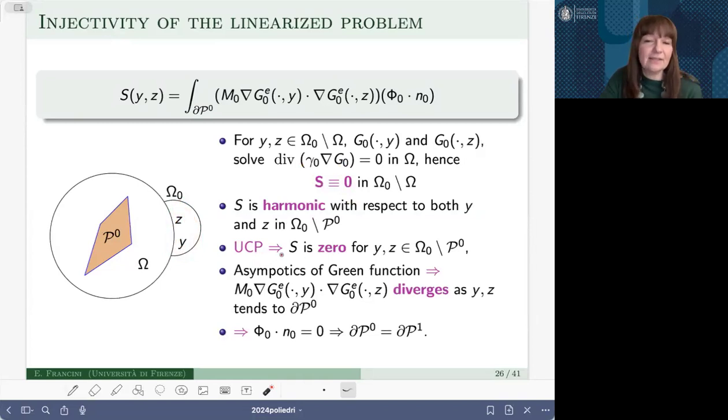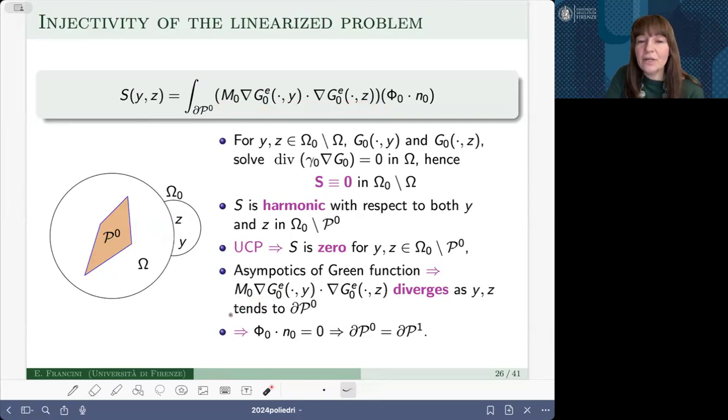So this means that this function S is 0 if both y and z belong to the white part of this picture, so as long as y and z are outside the polygon P0. But then here comes into play the asymptotics of the Green's function, which tell us that if y and z from here move close to the polygon, then this part of the function diverges to infinity.